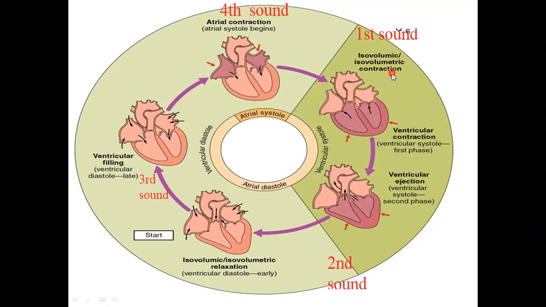When isovolumetric contraction takes place, when ventricular systole begins, the first sound is created due to the closure of the AV valves, right? Thereafter, when ventricular ejection is completed, just at the beginning of ventricular diastole, the second sound is produced.